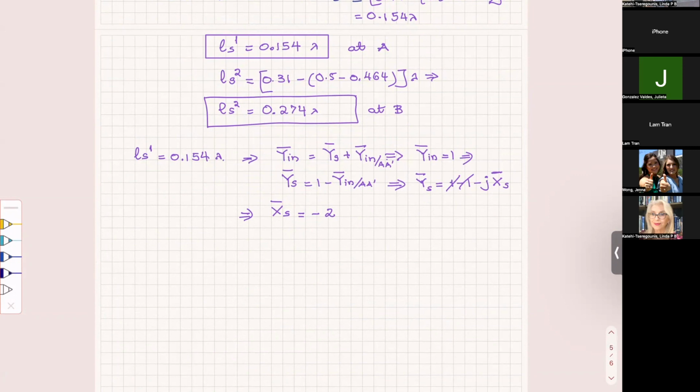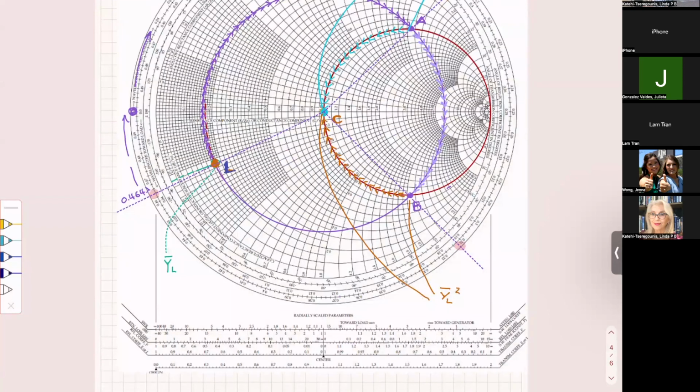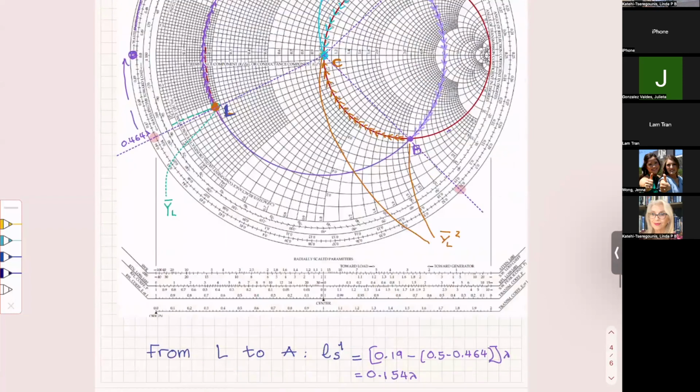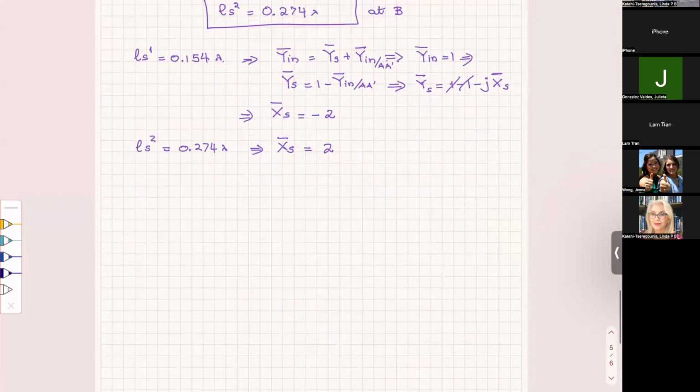And in this second case, where now we are at point B, 0.274 lambda, we have that from point B, we have to go up to C to 1. So in that case, X sub S for the stub has to be 2, normalized.